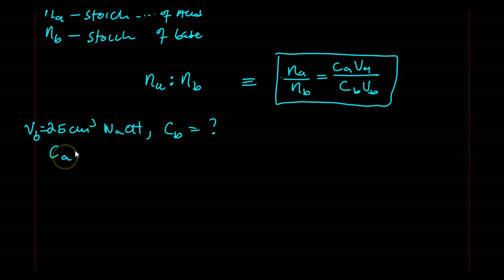We were given the concentration of the acid, which is 0.2 mole per decimeter cubed. We were given the volume of the acid, which is 15 cubic centimeters. So now I'm just going to take the values and substitute them here and solve for Cb, because this is what I'm looking for. You can pause the video and calculate it.